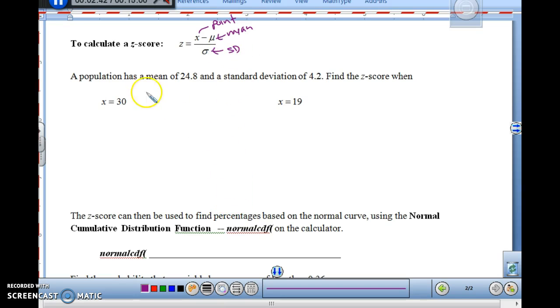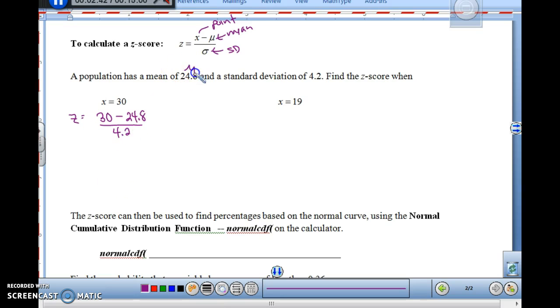Okay, a population has a mean of 24.8 and a standard deviation of 4.2. Find the z-score when x equals 30. So I plug in: x is 30, minus the mean, which is 24.8, divided by the standard deviation, which is 4.2.